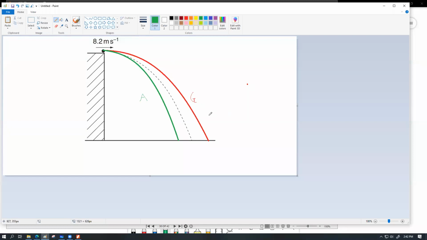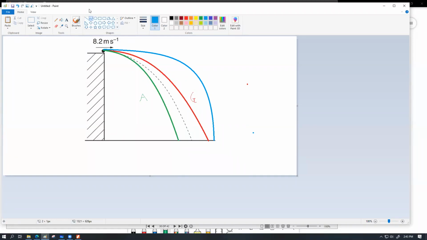Then again, you cannot make this G graph become vertical at the end. What I mean is that this G graph, the greater speed curve, cannot be shown to become like this. This would be wrong. For example, if you show a really large gradient like this, you're showing an initial gradient of 0, but then you are showing the fall to the ground as nearly vertical.